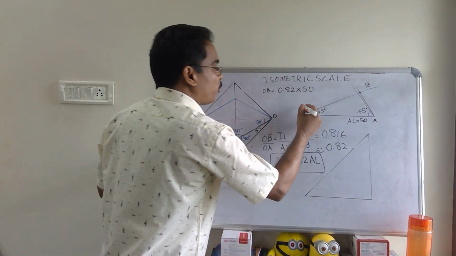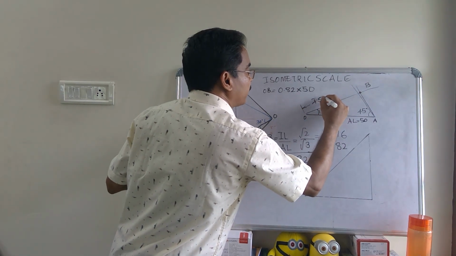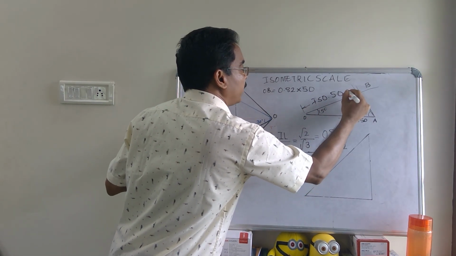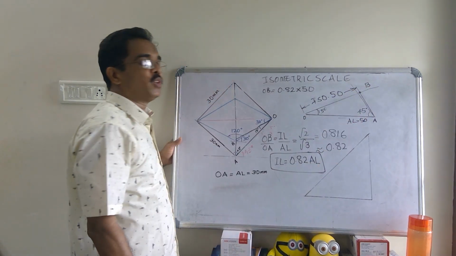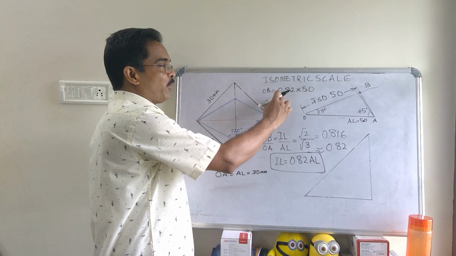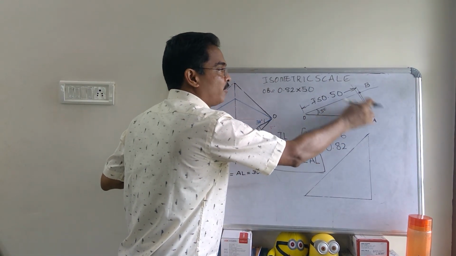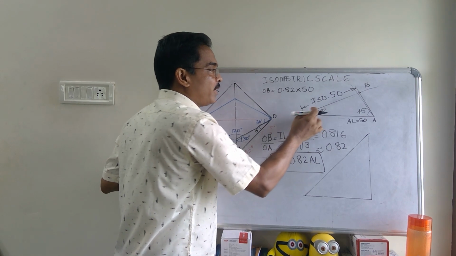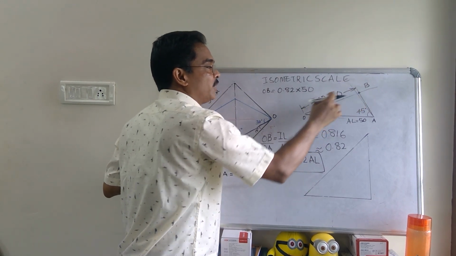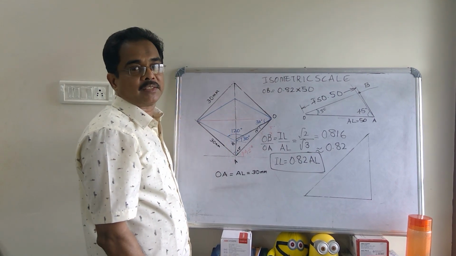So this is the corresponding isometric 50, or ISO 50, isometric length. So rather than multiplying with 0.82, draw a 50 mm line, a 45 degree line from here, and a 15 degree line from here. So this length will represent its corresponding isometric length.